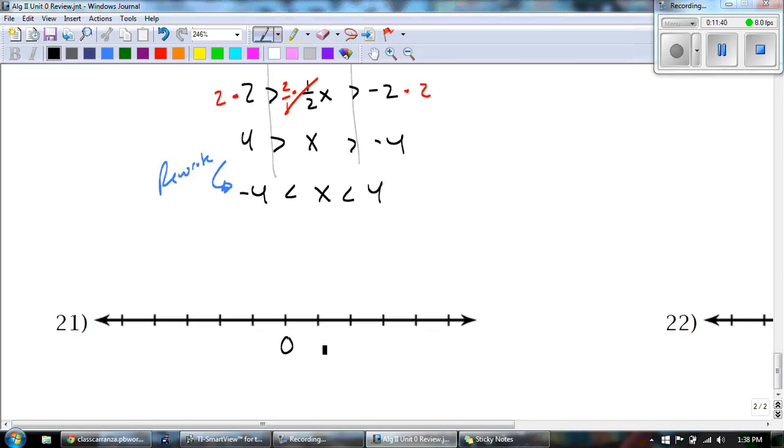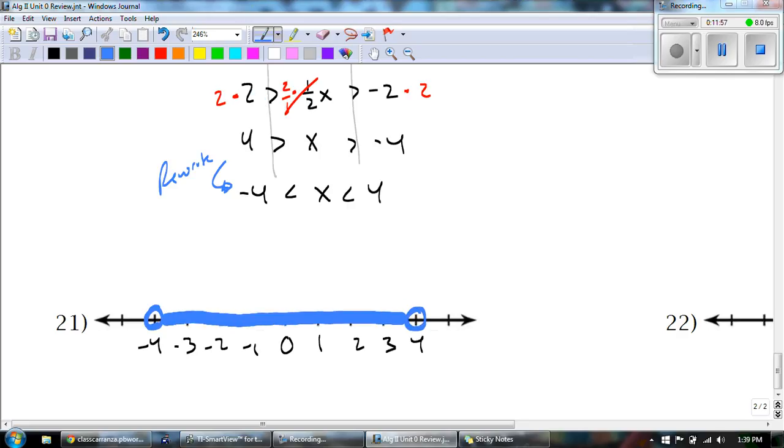So I'm going to put 0 in the middle. 1, 2, 3, 4. -1, -2, -3, -4. At -4, I'm open. At +4, I'm open. And I'm going to shade everything in between.